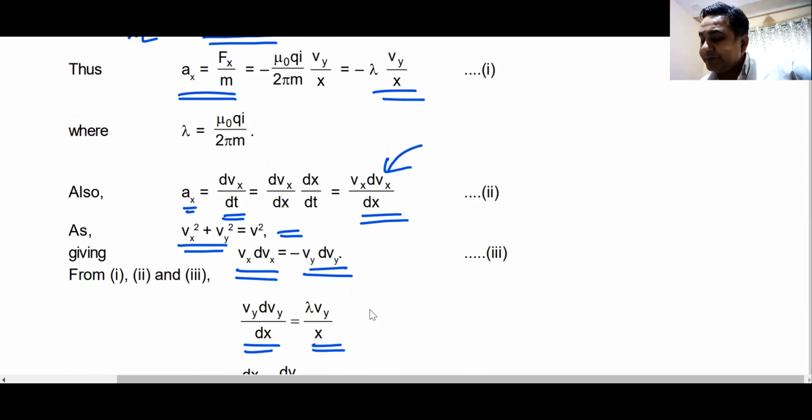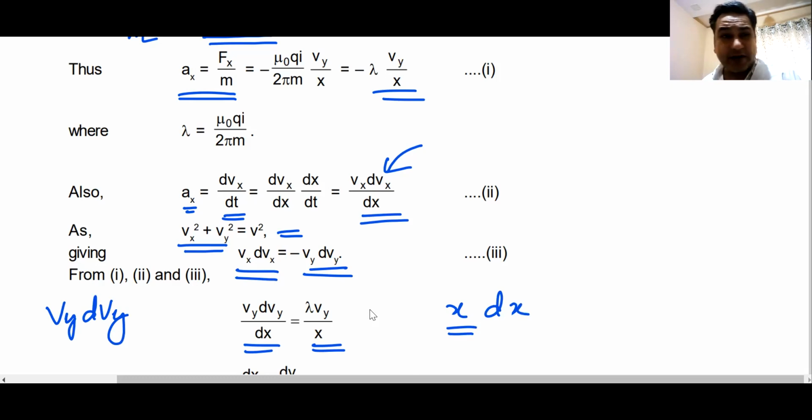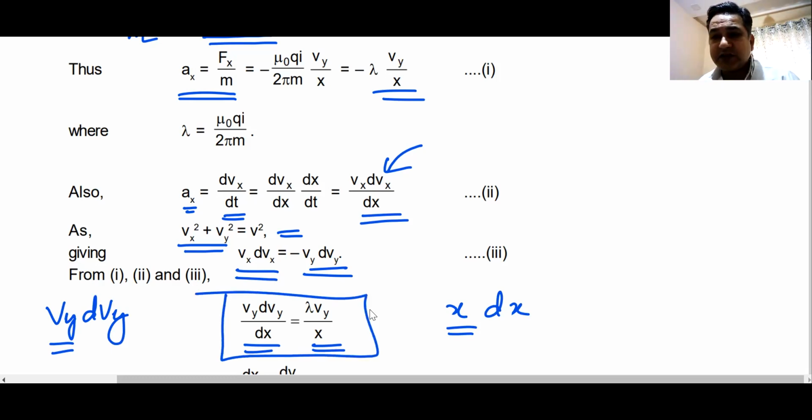Put the value here. Remember, when it comes to the minimum separation, this entire velocity which was along x now becomes along y. So basically, you need a relation between vy dvy and x dx because you have to find the value of x, and you know that this entire velocity which was horizontal now becomes vertical. That is why you end up with this equation. Getting my point?